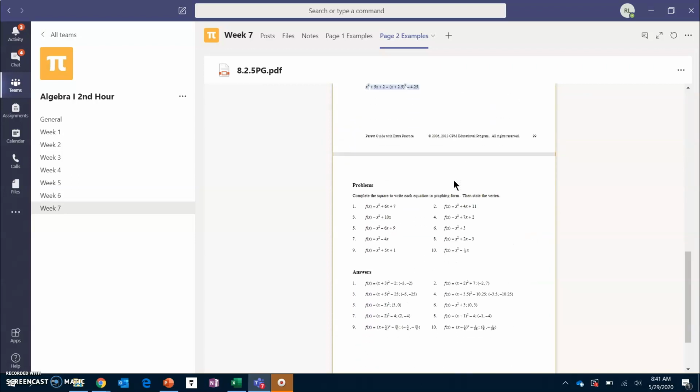So the problems say to complete the square to write each equation in graphing form, then state the vertex. Since we've never had any experience graphing these, I'm not going to make you guys state the vertex because it might be a little bit meaningless if you guys don't know how to graph, since we haven't gone over graphing quadratic equations before.